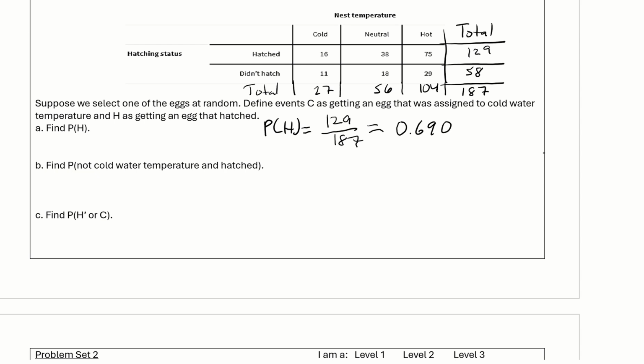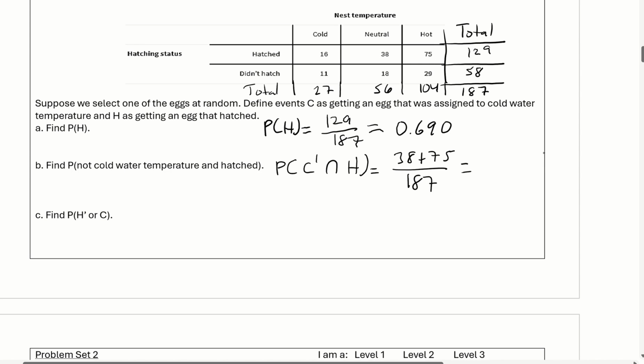All right, so what's the probability of not cold water temperature and hatched? Okay, so not cold water means neutral or hot, and it's hatched. Okay, so that's this right here. So that's 38 plus 75 divided by 187.